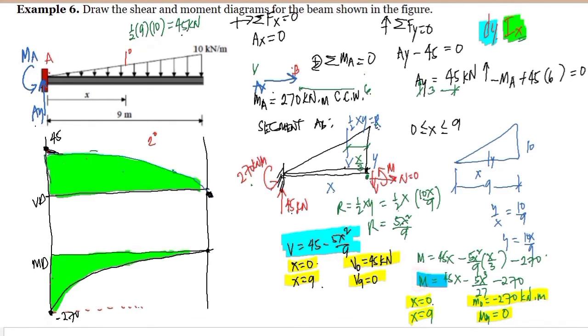Now, if we are going to compare the moment equation with the shear equation, what we are going to do is to take the derivative of the moment, no?